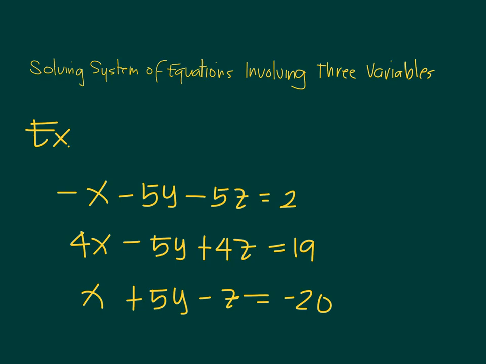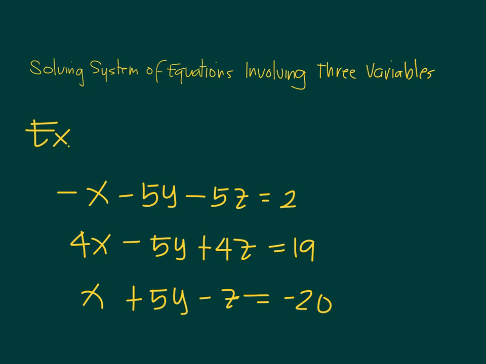As you can see from the set of equations, looking at the coefficients on the y, we have negative 5y on the first, minus 5y on the second, and a positive 5y on the third. So they're just the same numbers. It's very easy to eliminate when the coefficients are the same.